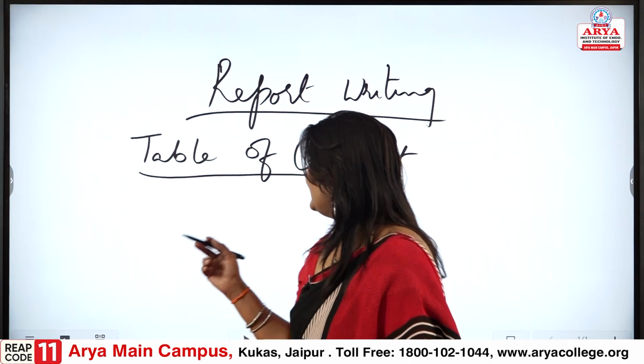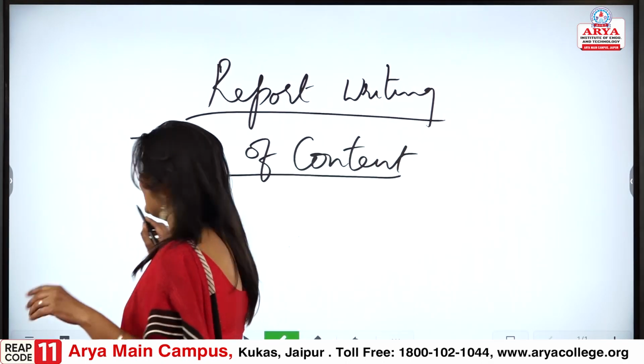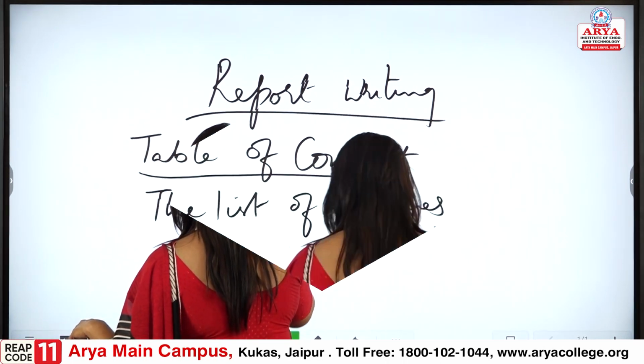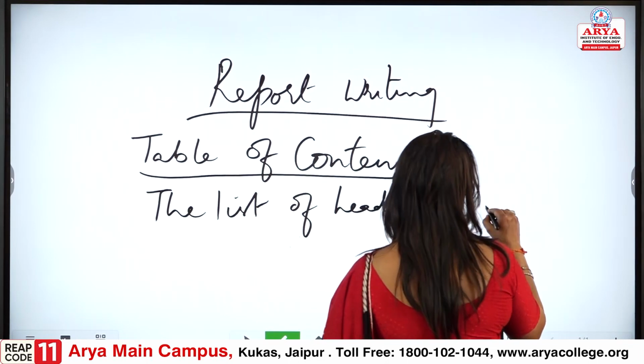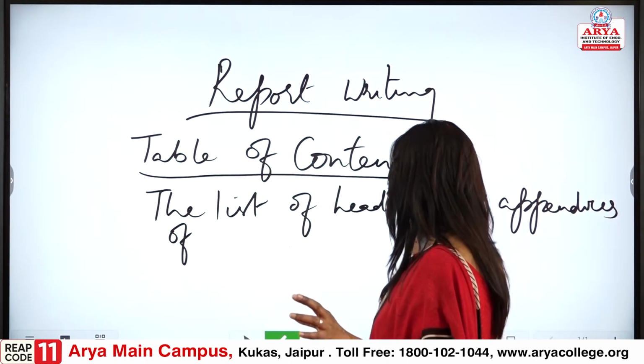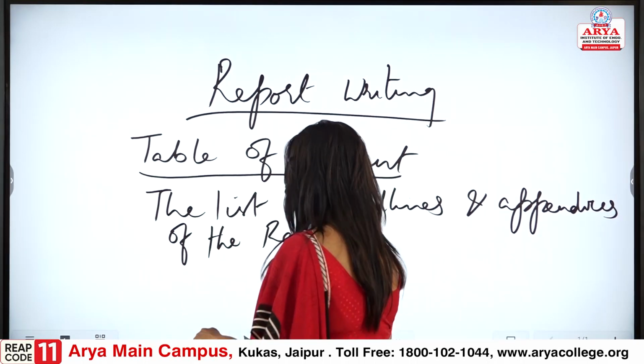Now, when we are talking about the table of contents, it comes before the body. How would we write it down? We would have the list of headlines and appendices of the report. Why?